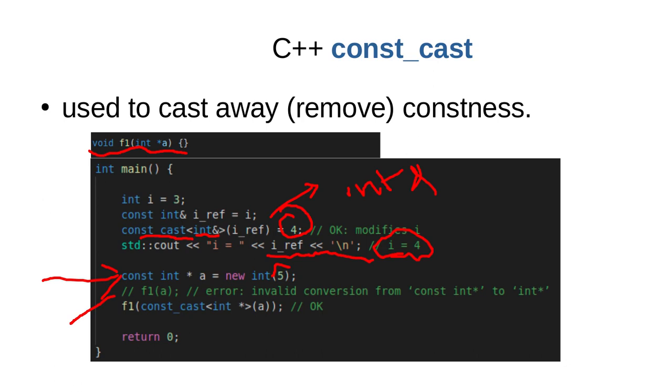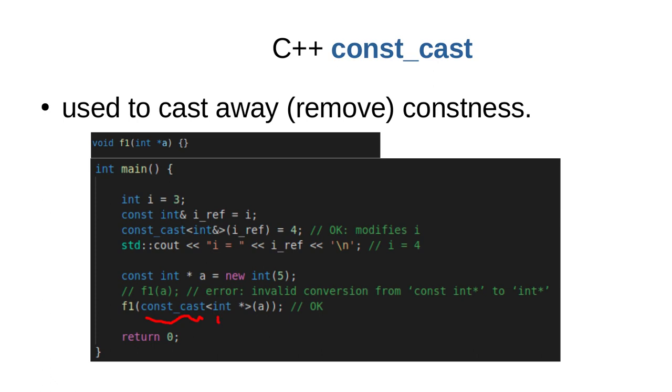If I want to pass this to the function, it will throw an error, invalid conversion from constant pointer to normal pointer. So in this case I can use const_cast, and here I put int star, it will remove the constant, and so it's valid to pass it to the function.